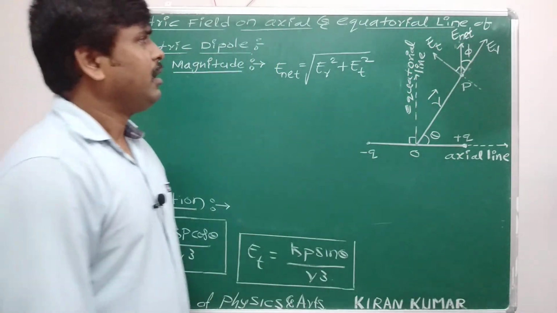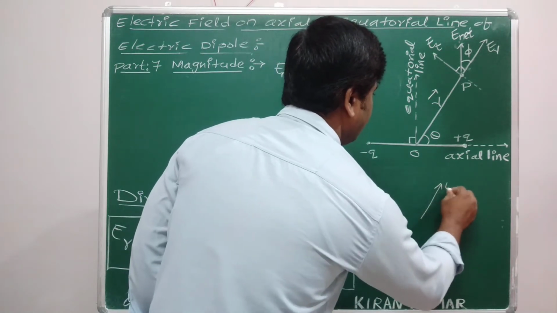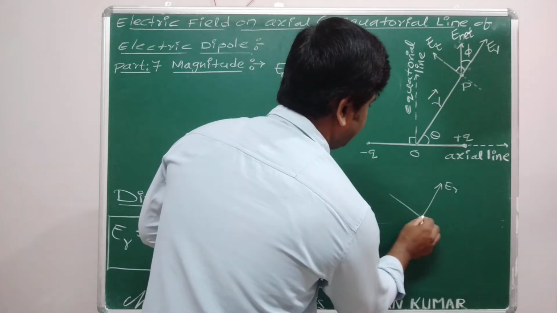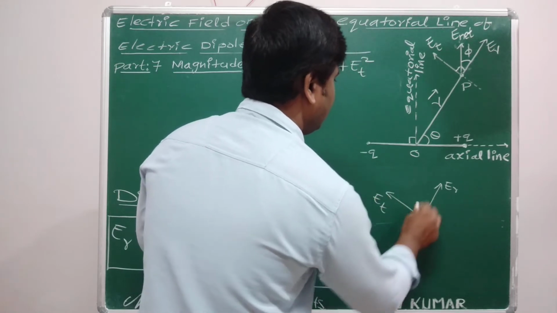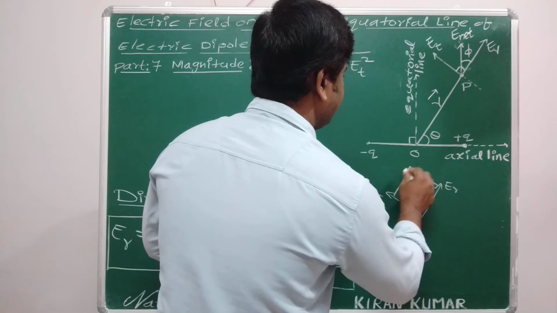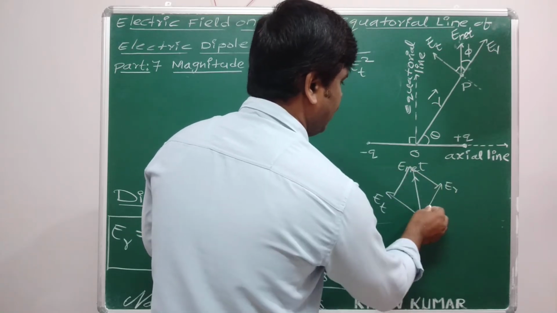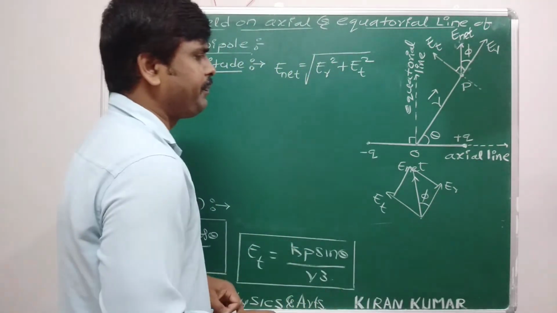Like this we can take, this is E radial, and this is the E tangential, and this is the diagram. This is the E net value. Okay, it is making an angle phi.